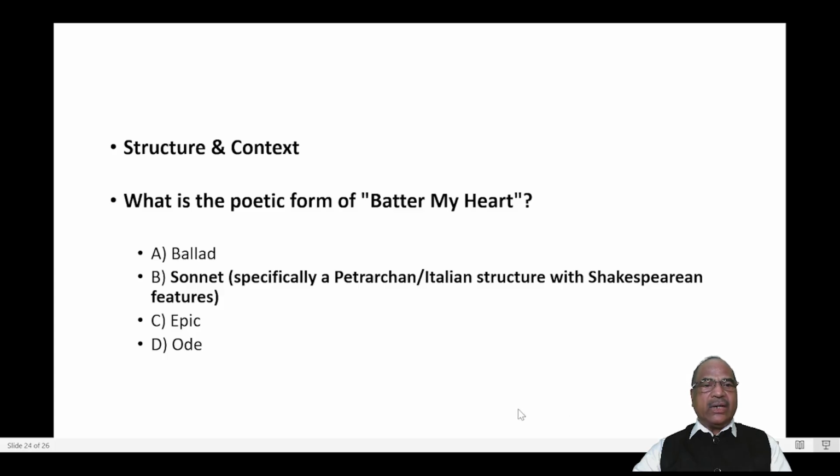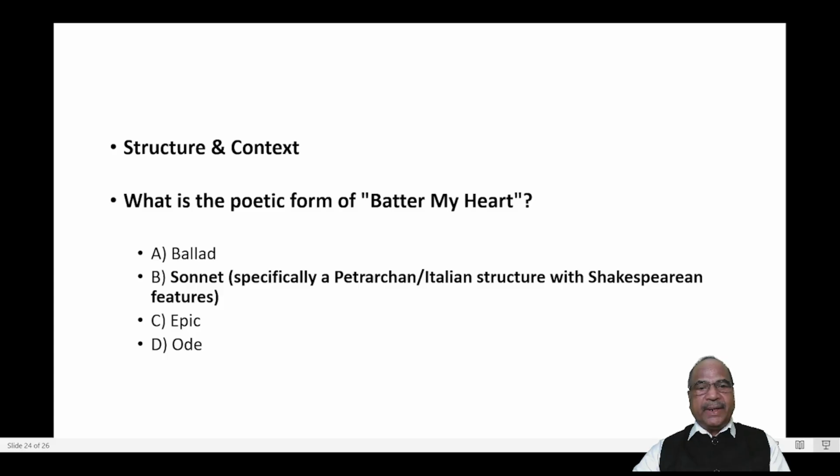Then structure and context. What is the poetic form of Batter My Heart? Ballad, sonnet, epic and ode. Ballad, you note, is nothing but a folk form. Sonnet, as I have already explained, is a Petrarchan sonnet and it has 14 lines. It has been subdivided into an 8-line octave and a 6-line sestet; the octave introduces the problem and the sestet resolves the problem.